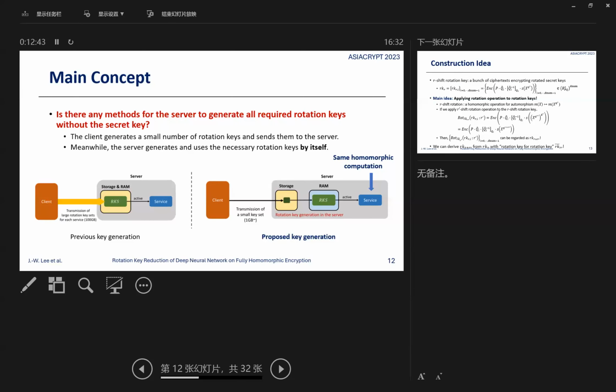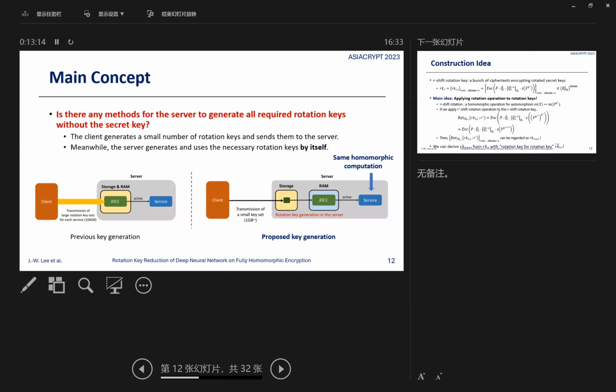The main concept is a method for the server to generate all required rotation keys without any secret key. If the server can generate the rotation keys by itself, then the client does not have to generate all the rotation keys. This is the diagram.